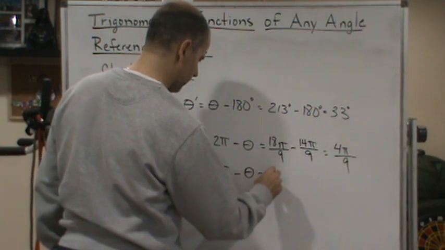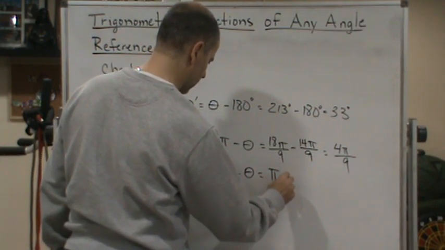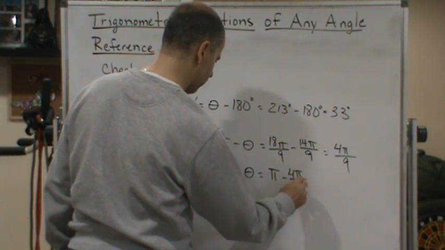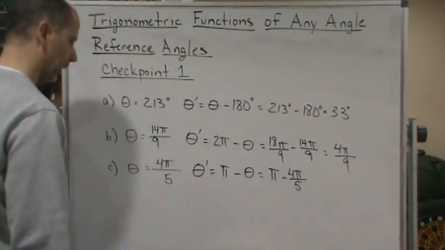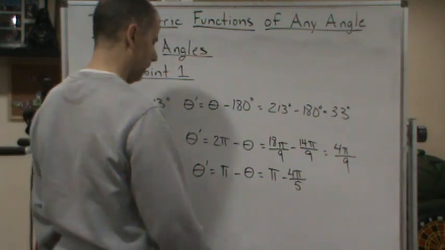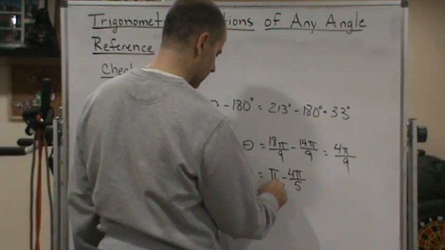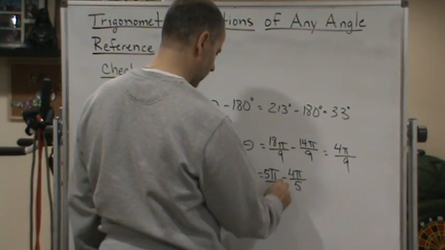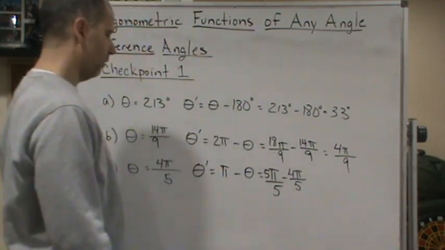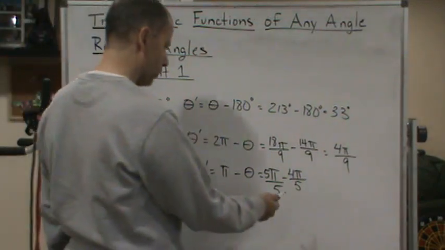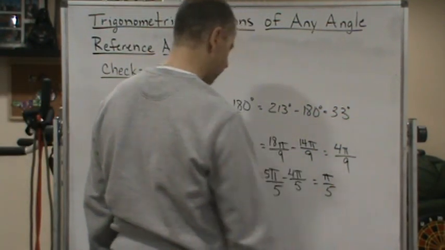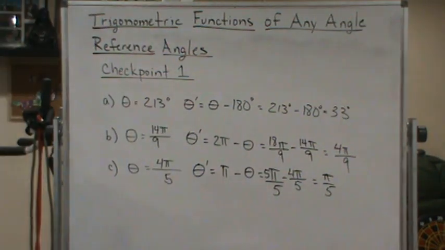Okay, now this is going to be equal to pi minus 4 pi over 5. Okay, and I'm going to rewrite this as 5 pi over 5, right? And so now I subtract and I get pi over 5. And that's my reference angle.